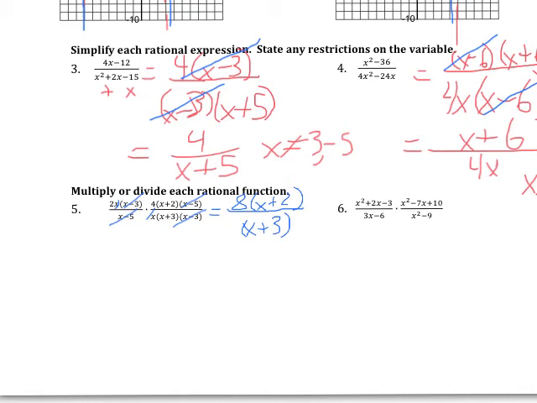It's just that we have to do all the work ourselves in factoring it. So I'm going to get my little fraction bars ready, and I'm going to factor these things. So right now I'm going to work on this top part, x squared plus 2x minus 3. That is going to factor like this.